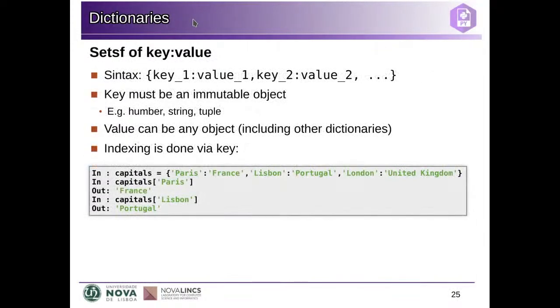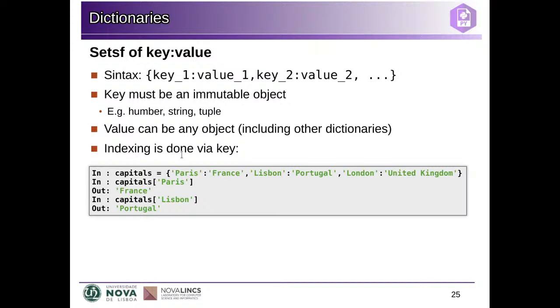So a dictionary in Python is a set, not necessarily an ordered set, although in the more recent versions they retain the order. The idea is that you have a set of keys associated with values. This is something like a dictionary where you have the word and the meaning of the word, or a phone directory where you have a name and a phone number, and so on.